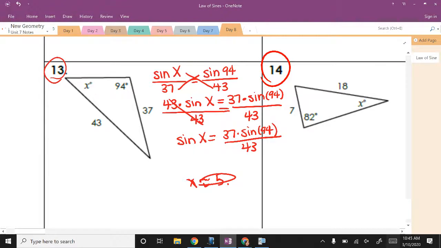Y'all, I'm trying to write it on my board. I was working fine and I swapped over to the calculator and it won't let me finish it. Y'all, I just want to write my 59.1. Here we go. Come on.